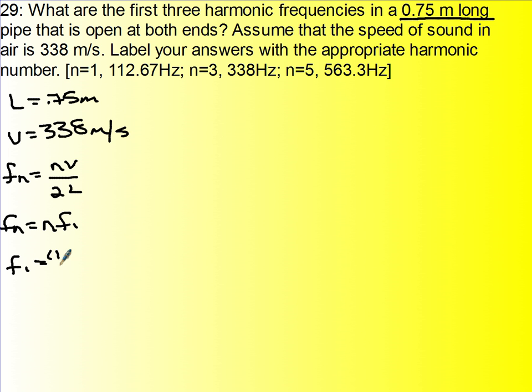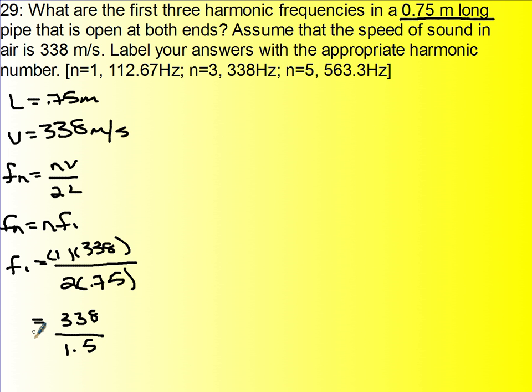F1 is 1 times V, which is 338, divided by 2 times 0.75. Multiply your numerators. So this is 338 divided by, now 2 times 0.75 is 1.5. So 338 divided by 1.5 is 225.